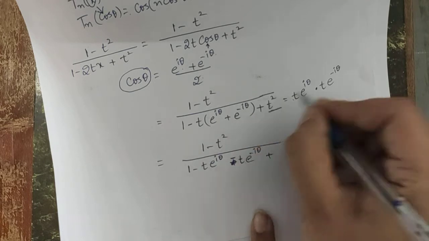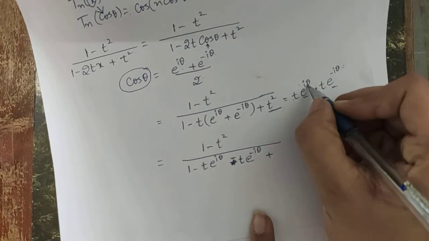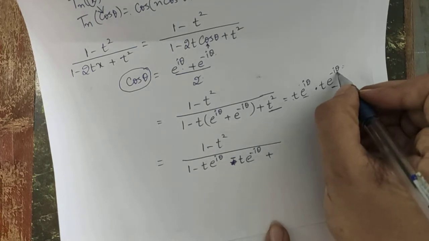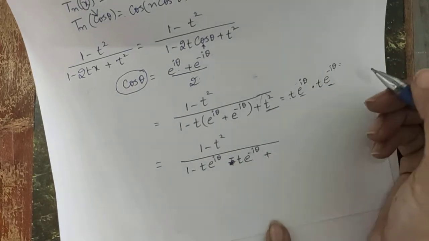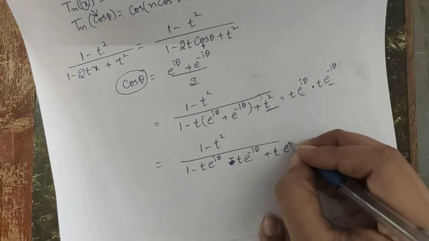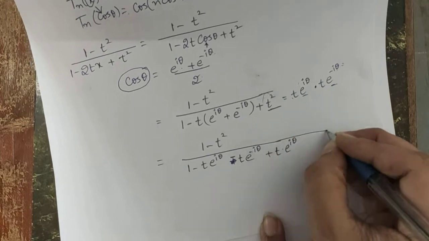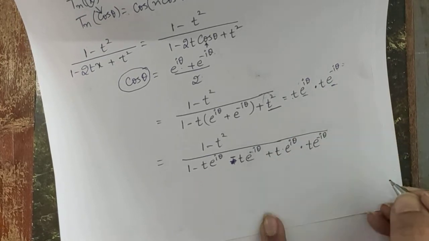T becomes t square, and since bases are same I can add the powers. E power i theta minus i theta is e power 0 which is nothing but 1. So we will get this t square itself, right? So let me write that t into e power i theta into t into e power minus i theta.